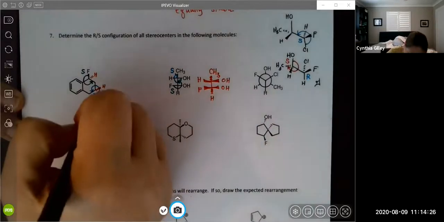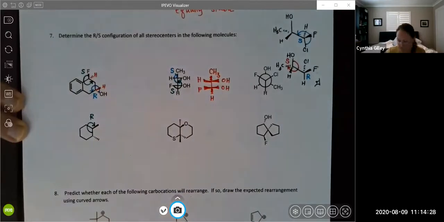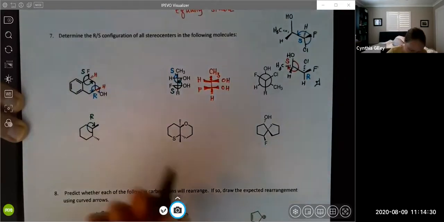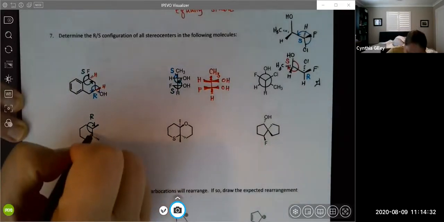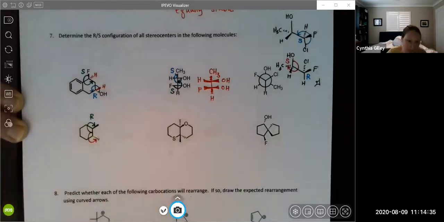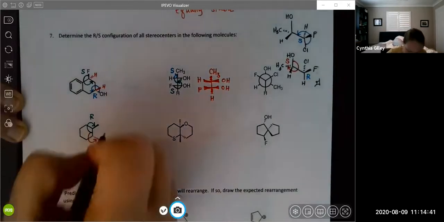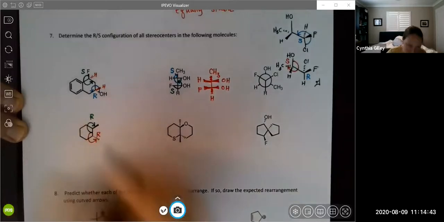So this clockwise is truly R. And then over here, it rotates in the opposite direction. So 1 to 2 to 3. But remember that the hydrogen is coming out at you in this case. So it is actually a clockwise and another R rotation.